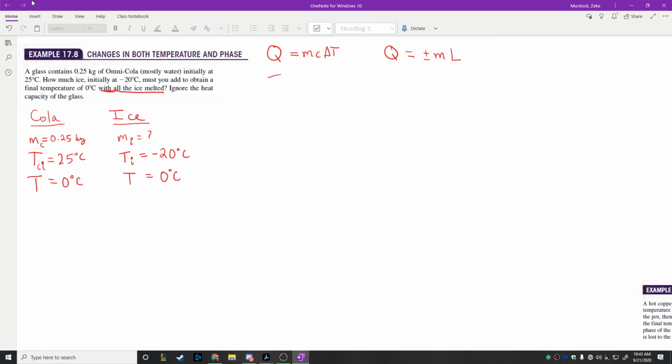And again, what we're going to be doing for this is the sum of all Q's should be equal to 0. So the ice needs to not only increase its temperature from negative 20 up to 0, but it also needs to melt. The specific heat of ice, I think we saw, was 2190.